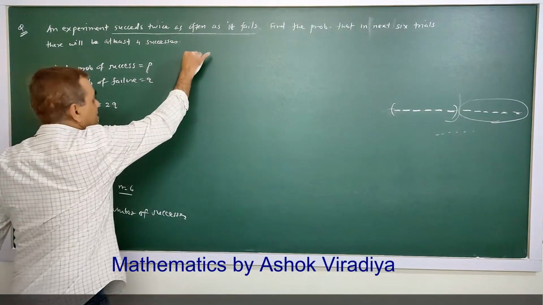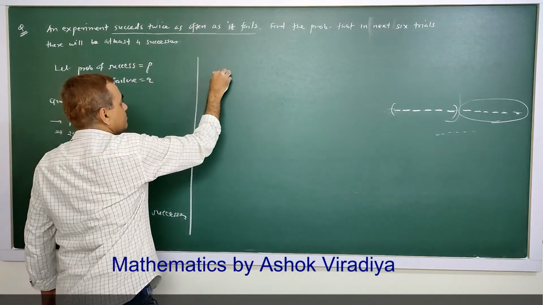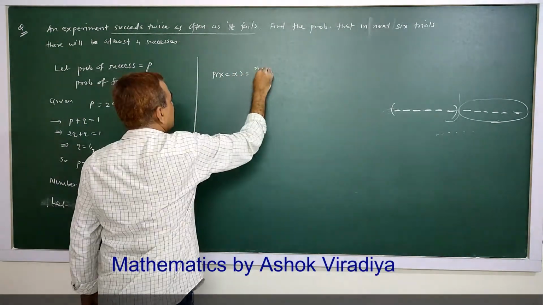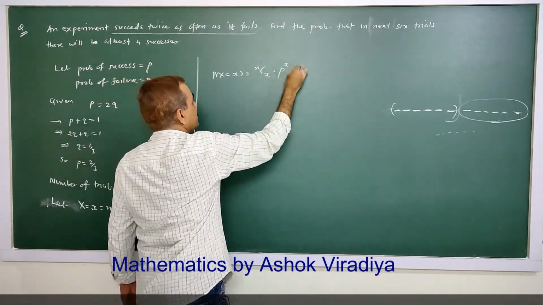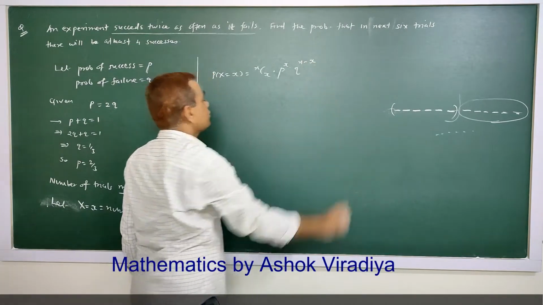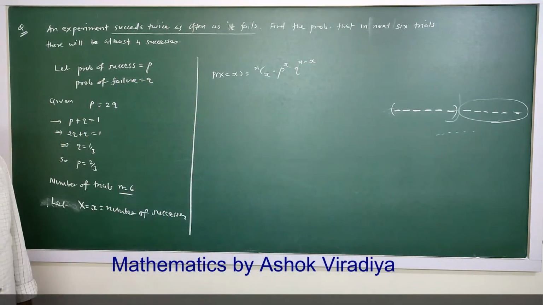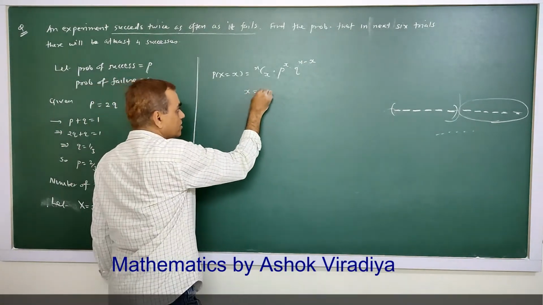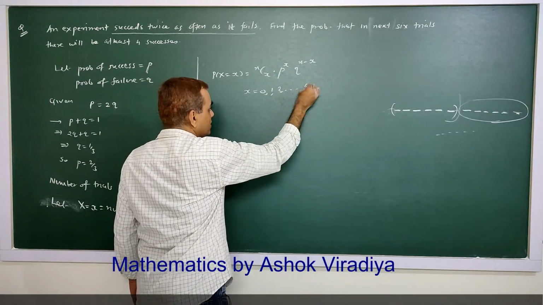So probability of success is given by the formula nCx p raised to x, q raised to n minus x, and x takes values 0 to 6.